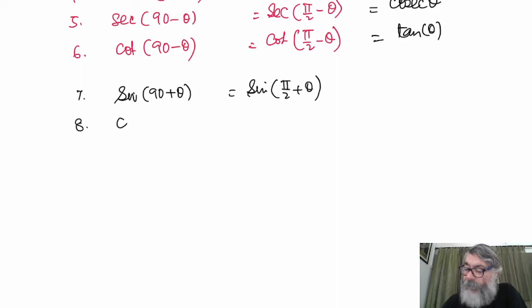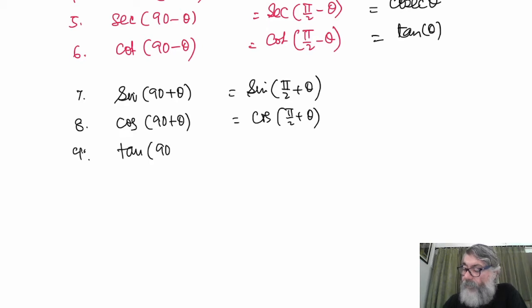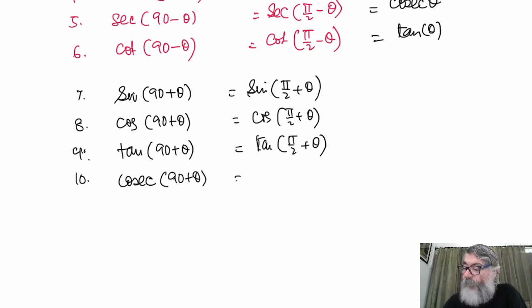Cos 90 plus theta, cos pi by 2 plus theta, tan 90 plus theta, tan pi by 2 plus theta, cosec 90 plus theta, cosec pi by 2 plus theta.